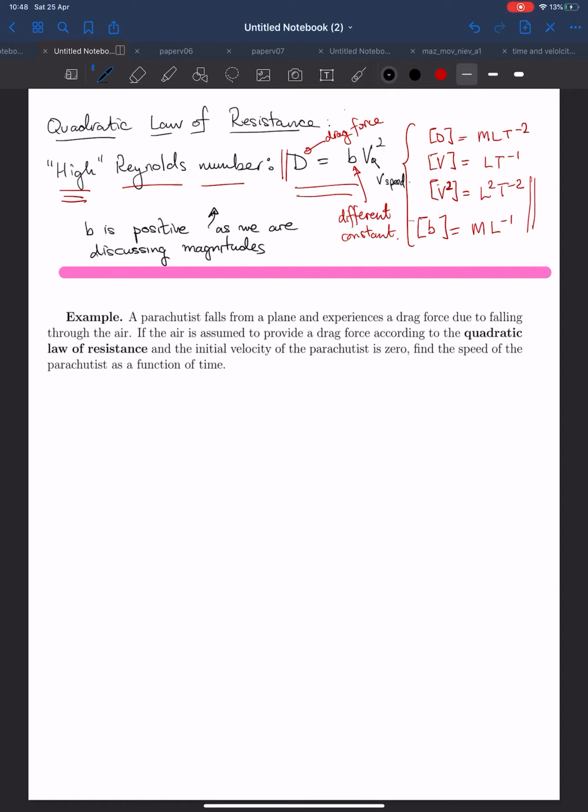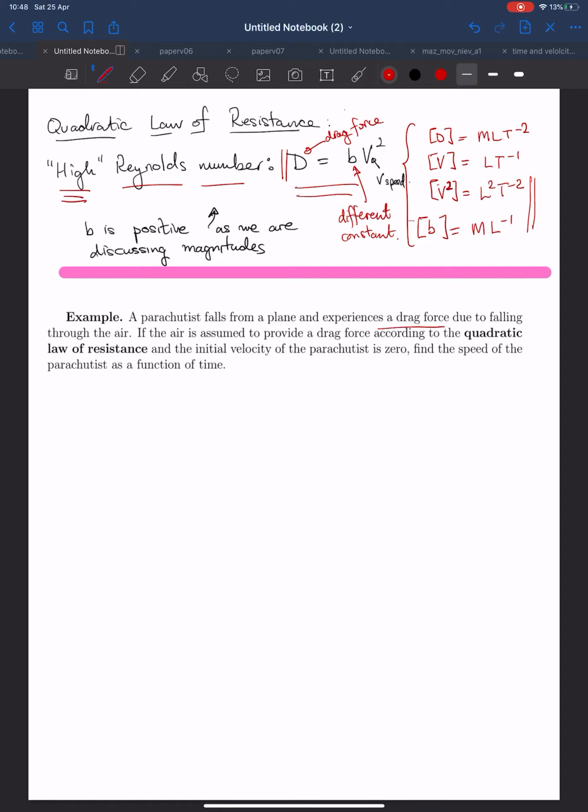And this is normally associated with resistive media that have high Reynolds numbers. So this is now explored through this example below, related to a parachutist. It says a parachutist falls from a plane and experiences a drag force due to falling through the air.